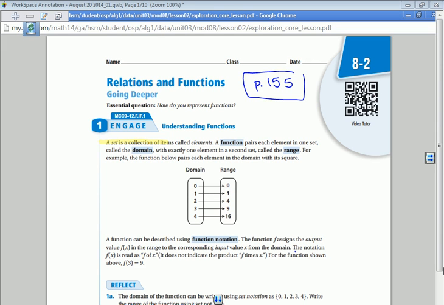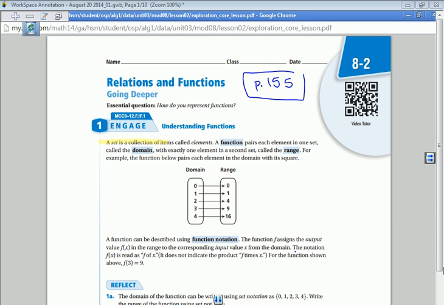All right, so today we're going to look at what makes a relation a function and what keeps a relation from being a function. On page 155, it says a set is a collection of items called elements.